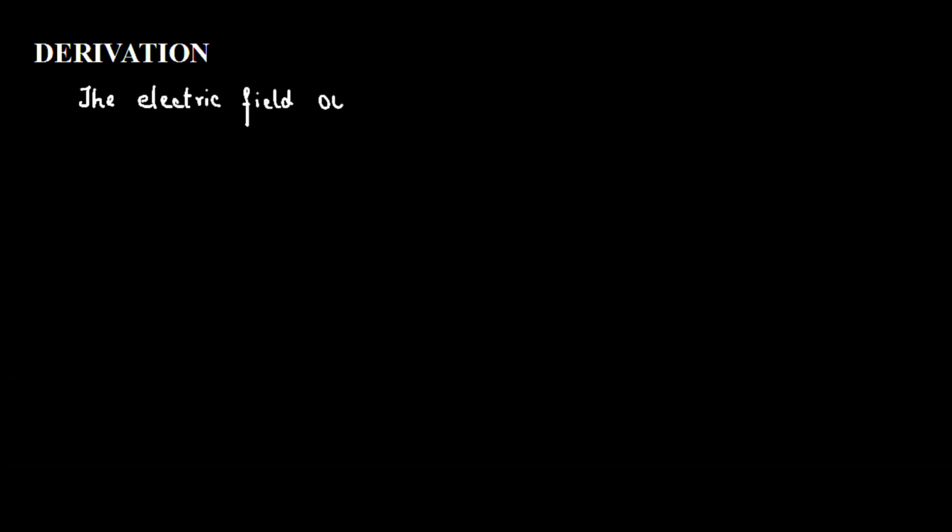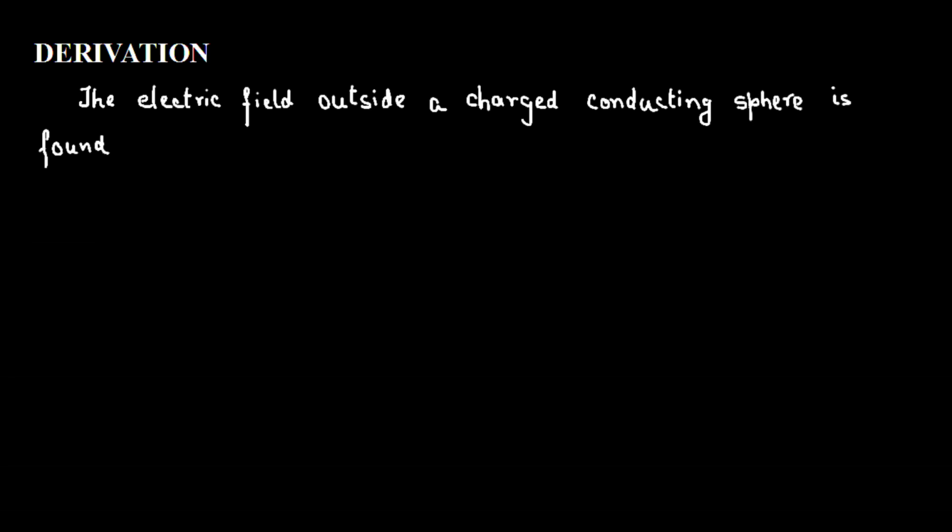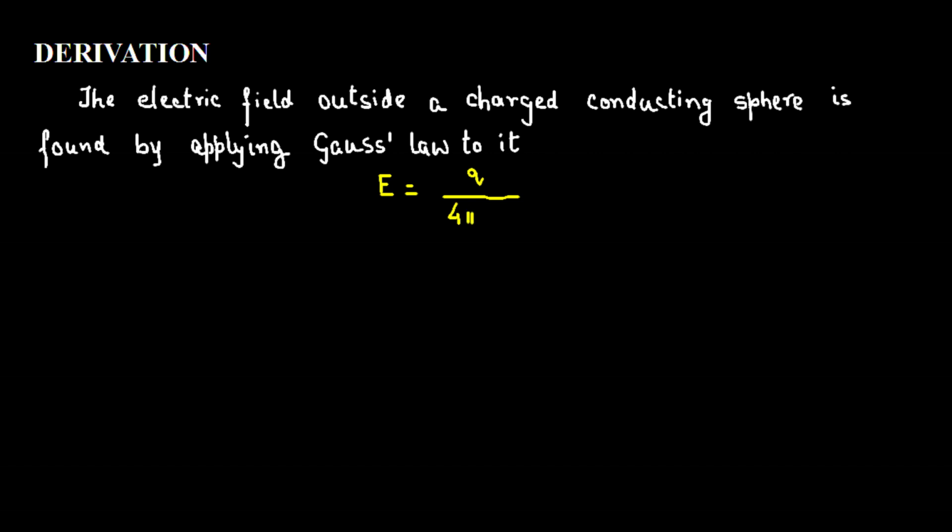Derivation. The electric field outside a charged conducting sphere is found by applying Gauss's law to it. E equals Q over 4 pi epsilon naught times R squared.